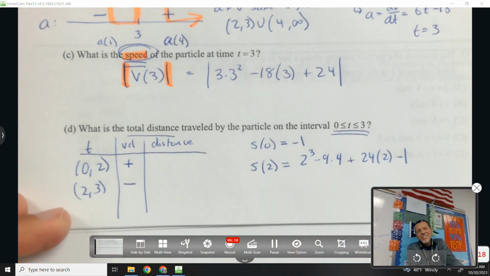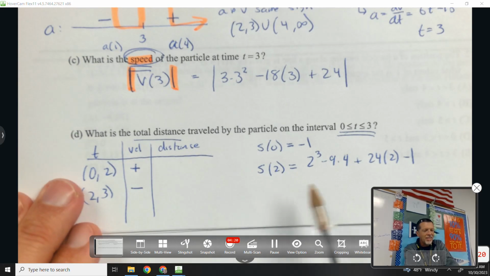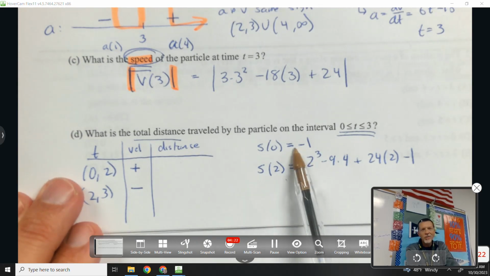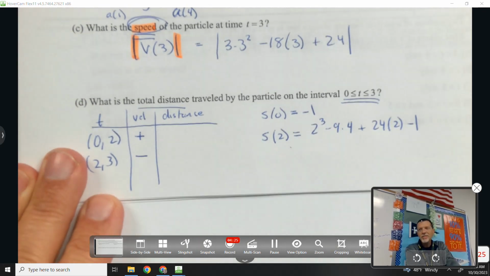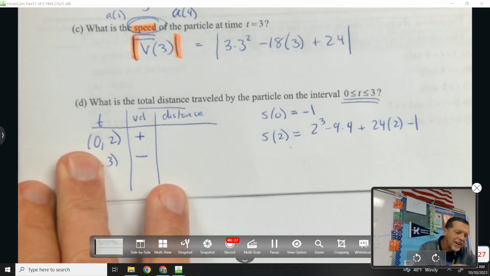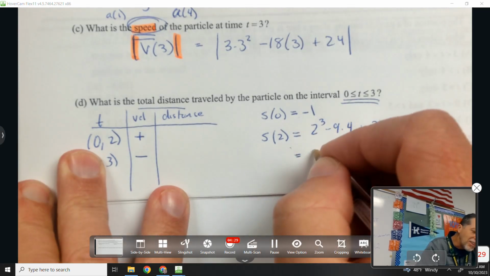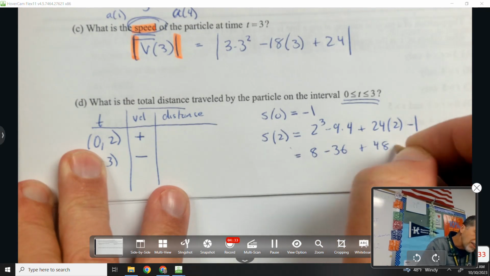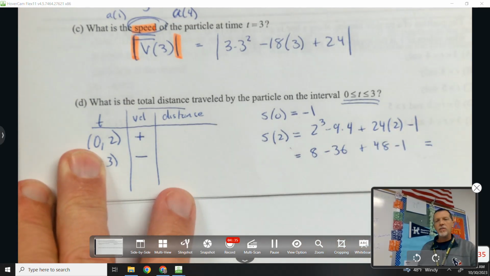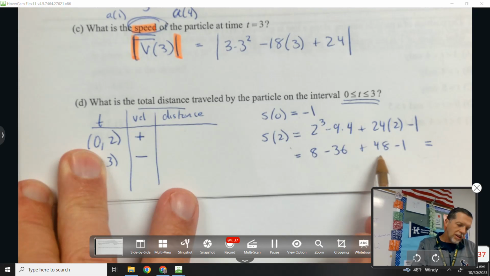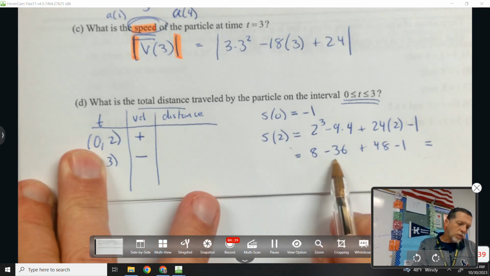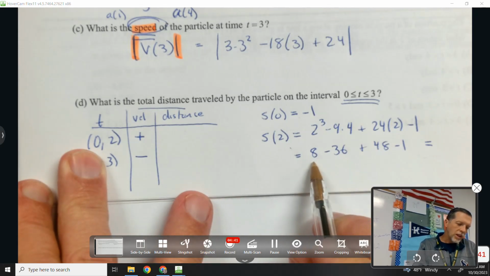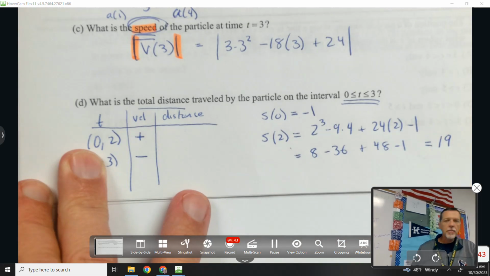And I could just leave that and write my distance as S of 2 minus S of 0 in absolute value bars. But I think it's easy enough to keep up with that it's worth doing the math so that I can get a number and see if it makes sense. Let's see. 48 minus 36 is 12. Plus 8 is 20. Minus 1 is 19.